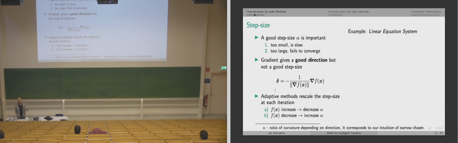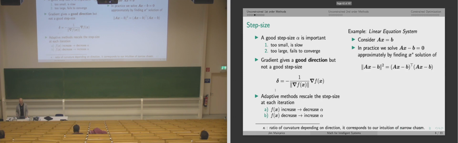So coming back to this notion that we can optimize systems of linear equations using gradient descent when they are already too large. A system of linear equations, you can just write it as Ax equals b, where A is a matrix, and x would be your decision variable here.